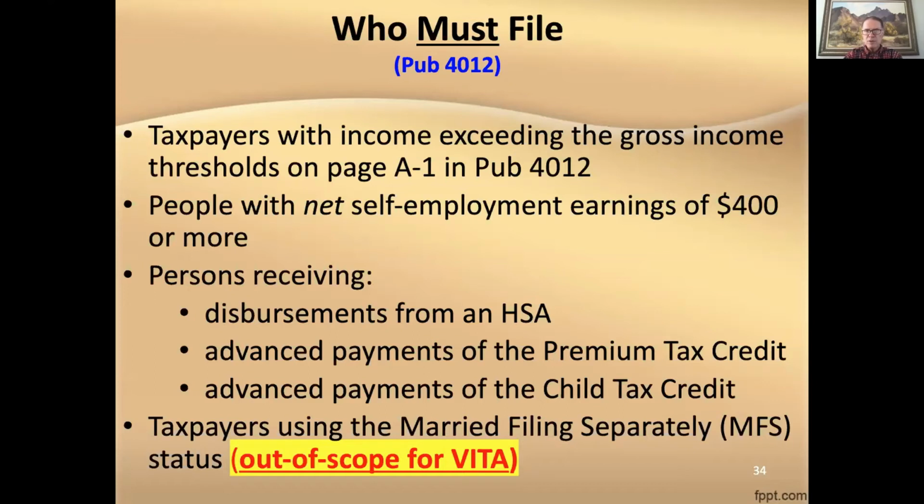The premium tax credit came out of the Affordable Care Act, known as Obamacare. That's a process where, when we enrolled with Obamacare, we guessed at how much we were going to earn for the year. But now that we're filing our taxes, we know how much we earned for the year. So we might get a premium tax credit.